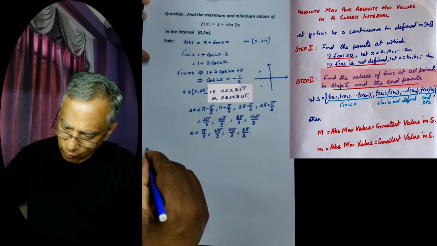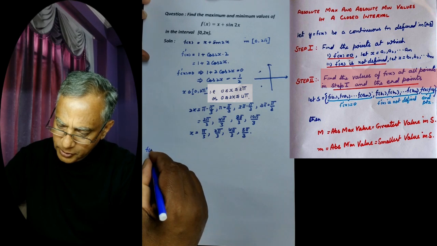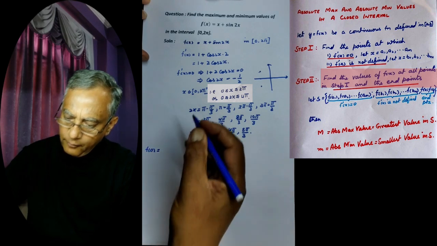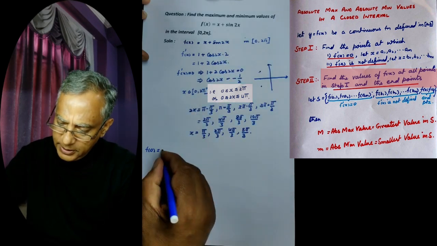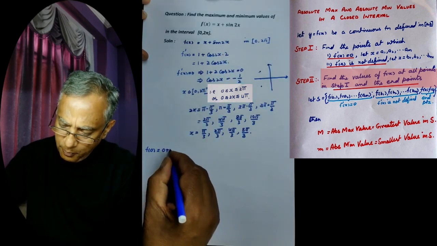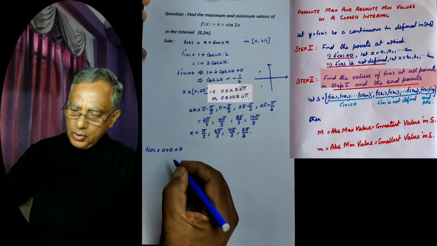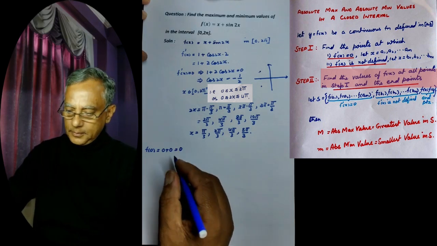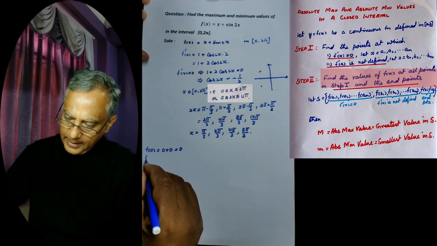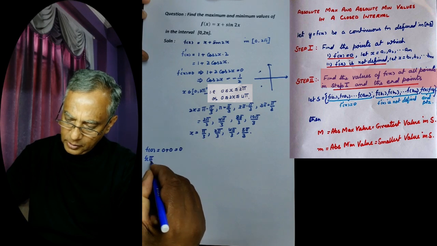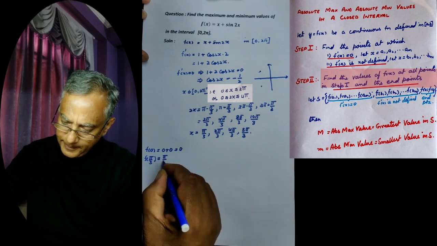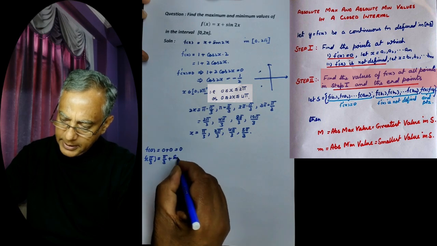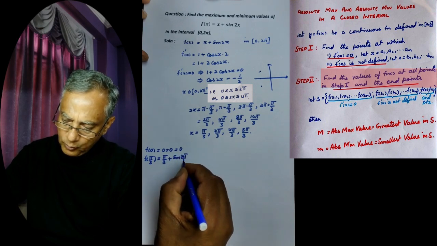So the value of f at 0. The value of f at 0 is 0 plus sine 0, which is 0 plus 0, equal to 0. And f at pi by 3. f at pi by 3 is pi by 3 plus sine 2 pi by 3.